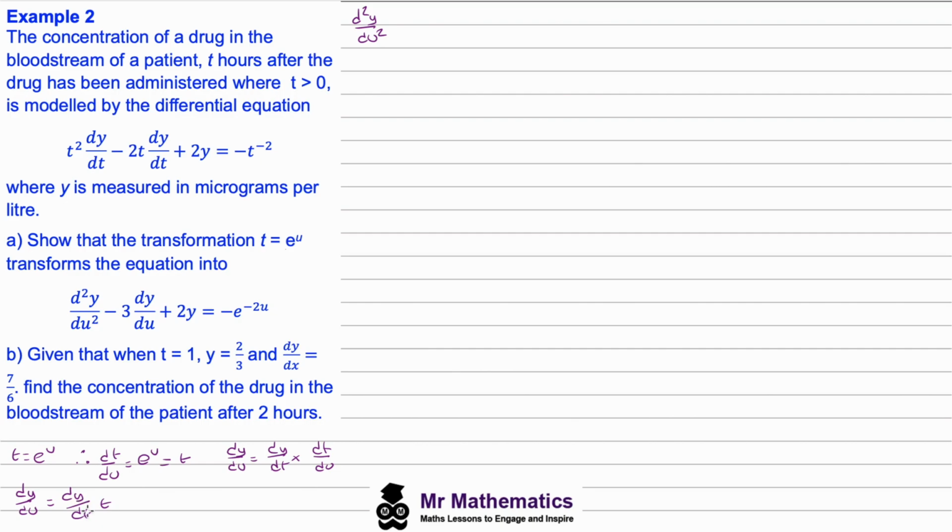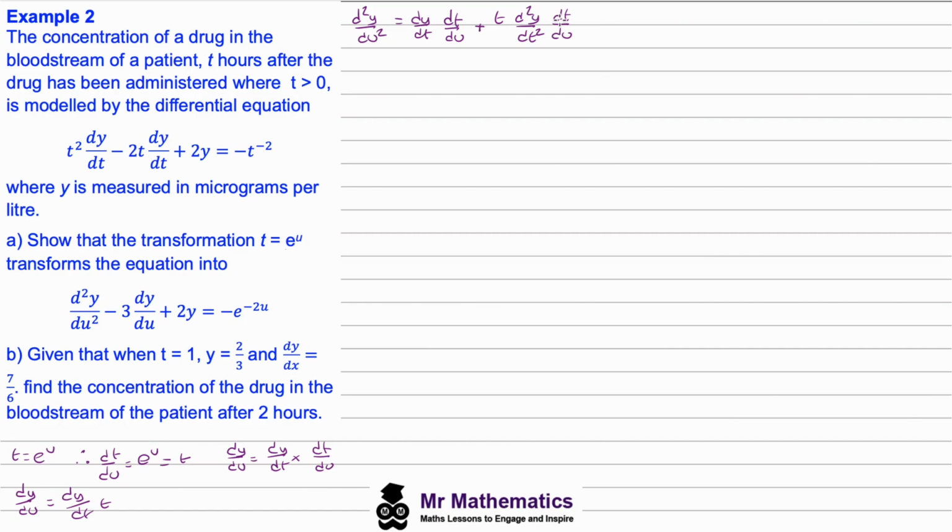So we have dy by dt multiplied by the derivative of t with respect to u, so dt by du, plus the t term multiplied by the derivative of dy by dt with respect to u. So this becomes d2y over dt squared dt by du. So I've had to use implicit differentiation to differentiate this with respect to u.